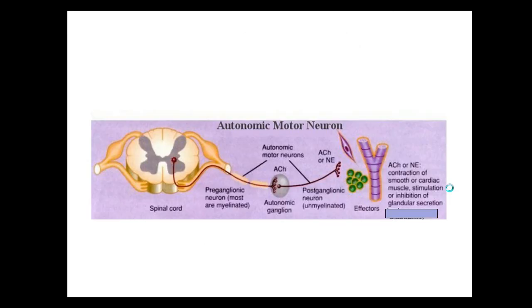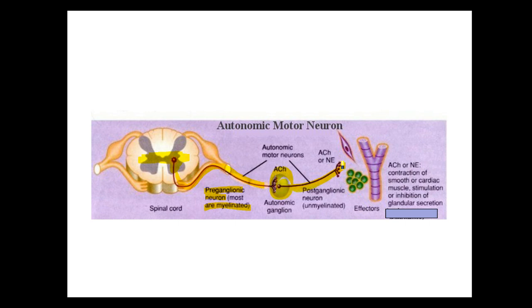So this is just another picture, just to give you a demonstration. We can see that we have our first motor neuron exiting the spinal cord. Notice it's exiting around the lateral gray horn. Where it exits, it's myelinated. So the preganglionic neuron is myelinated. It meets that postganglionic neuron, which is unmyelinated, in a ganglia.